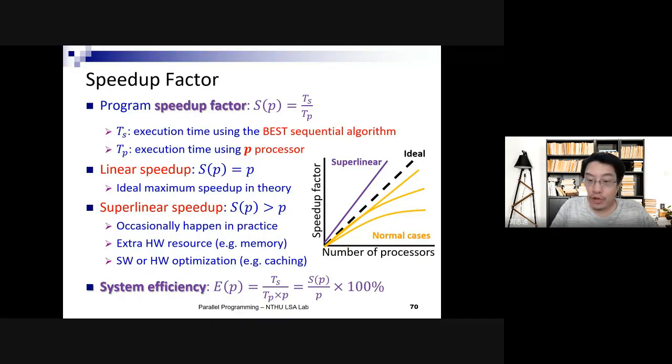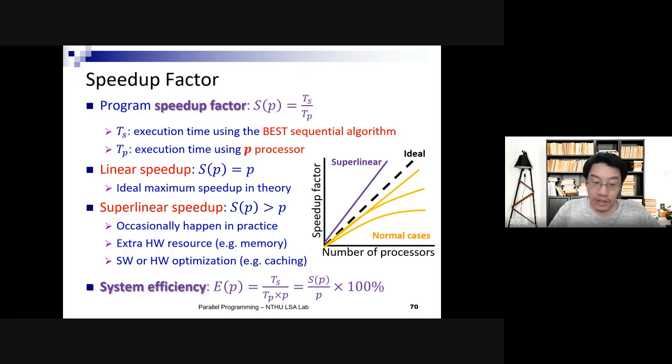So many people also like to use system efficiency. It's just a translation of speed up factor, written in another way. As you can see, the only difference is the number you divide by will be multiplied by the number of processors. So ideally, your value will always be less than 1. It should be between 0 and 1, unless you have super linear speed up.